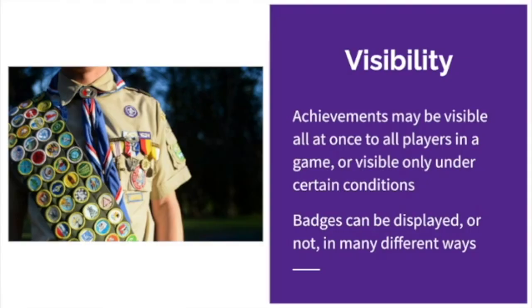So the point was to display the badge prominently, to make it a visible part of your gamer identity, just like badges or medals are displayed on the uniform in scouting or in the military, which is where the whole concept ultimately comes from.